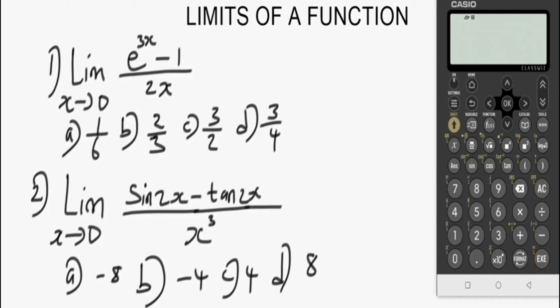Just come here, press this variable button once. Once it comes out, we want to store the value as x. You can see various alphabets here. Let's go to the x alphabet. This is what we want. So we want to store the value of x as 0 plus 0.001. That's what we want. Let's press execute.